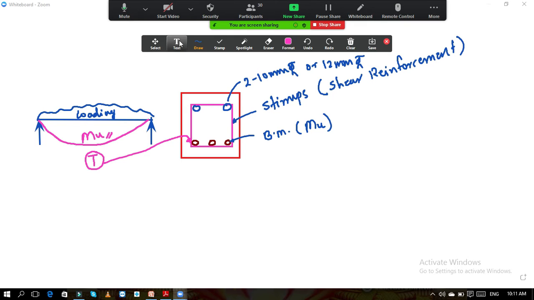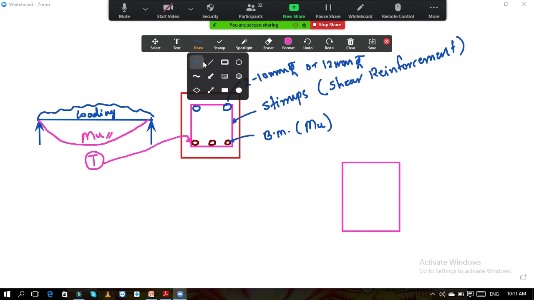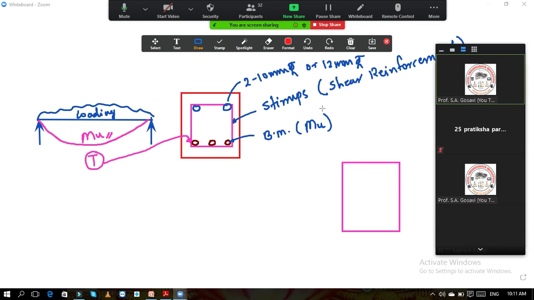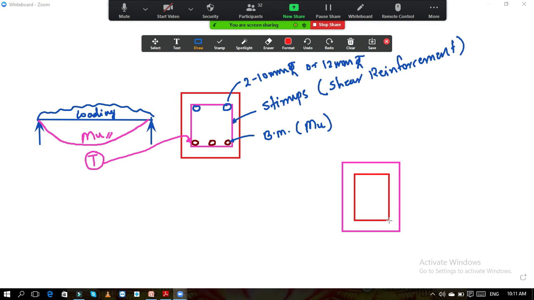Now see, in the case of beams subjected to shear and torsion, again I will draw the section over here. I will draw the stirrups, and then I will show you the reinforcement at the bottom, these 3 bars.